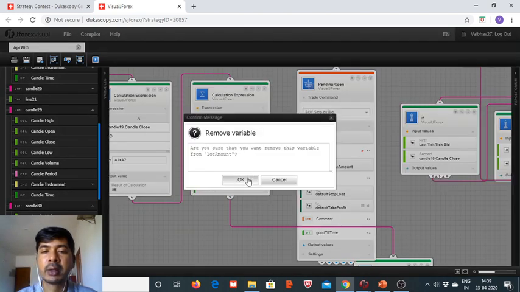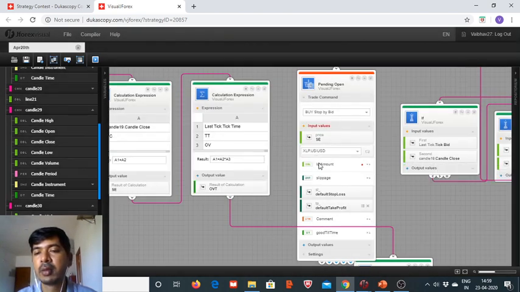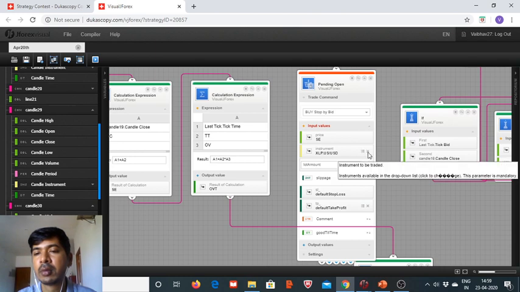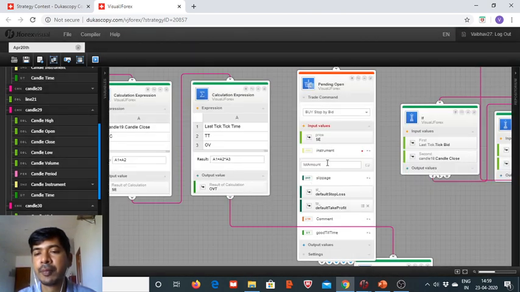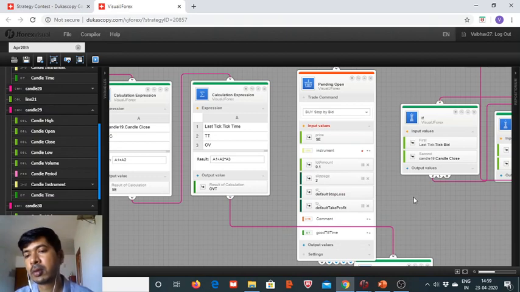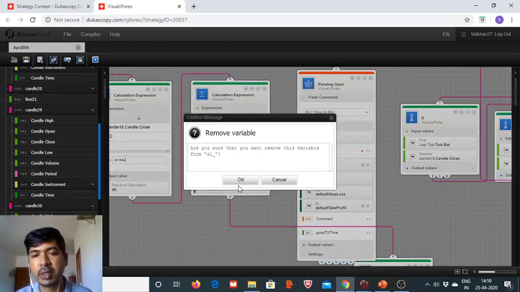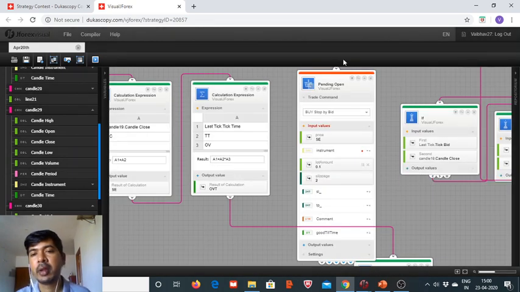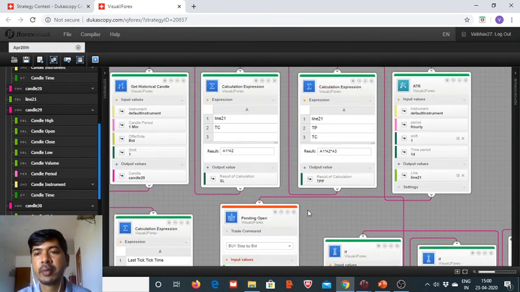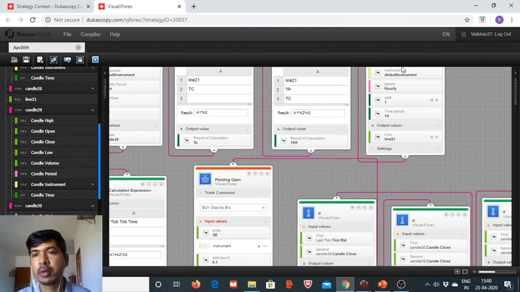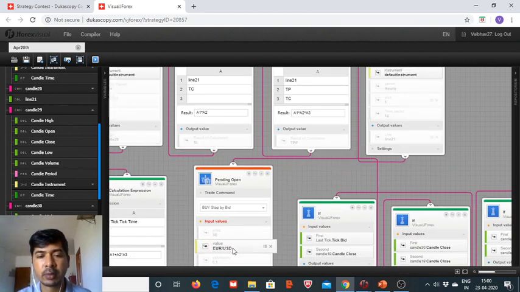be capped at 0.1 million. Slippage is 2 pips. Stop loss take profit, also we make changes to that, and also we need to get in the default instrument setup, so we got it.